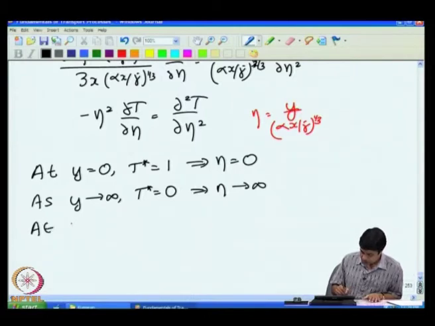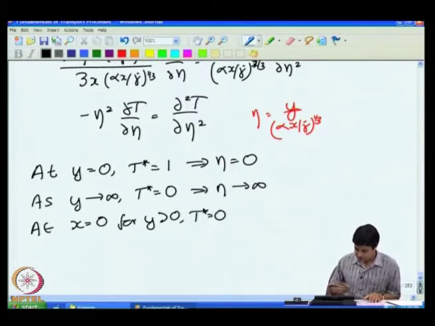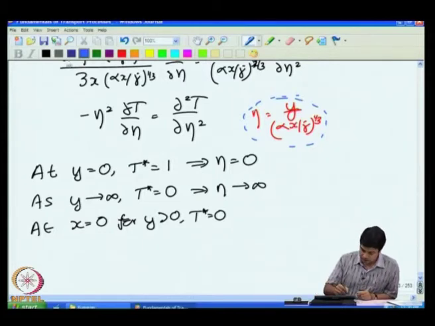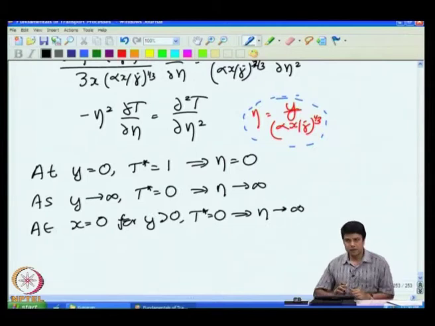And at x is equal to 0 for y greater than 0, T star is equal to 0. And you can see from this that x is equal to 0 basically means that eta goes to infinity.